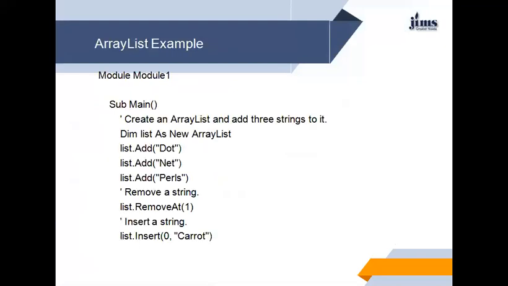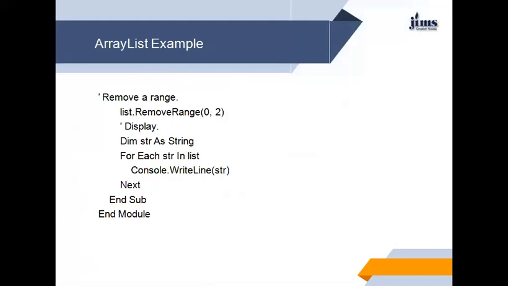Similarly, in another example you can see list As New ArrayList. Now we can add elements, list.Add, and remove a string, list.Remove. It will remove from the second position. list.Insert(0, ...) will insert a string at the first position. So you can perform different operations on an ArrayList, like addition of elements, removing elements, and inserting elements at a particular position. list.RemoveRange lets you also remove elements from a particular range.